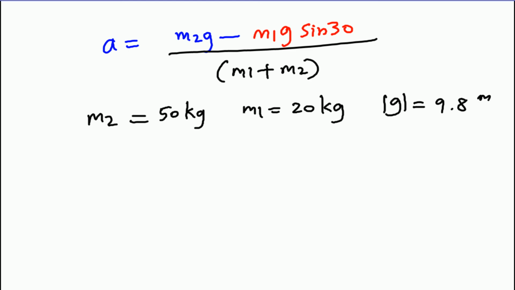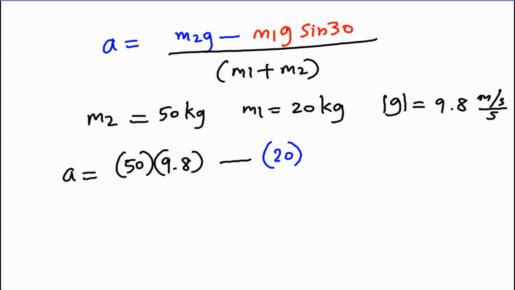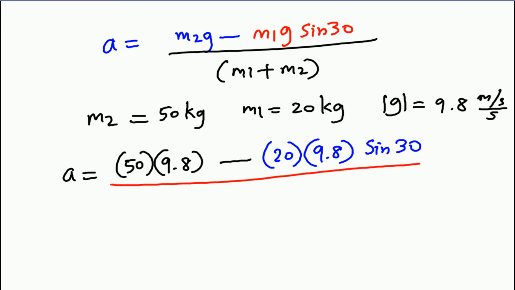9.8 meters per second squared. So what do we get for A? M2G, 50 times 9.8, minus M1, 20 times 9.8 times sine 30, divided by M1 plus M2, 20 plus 50.